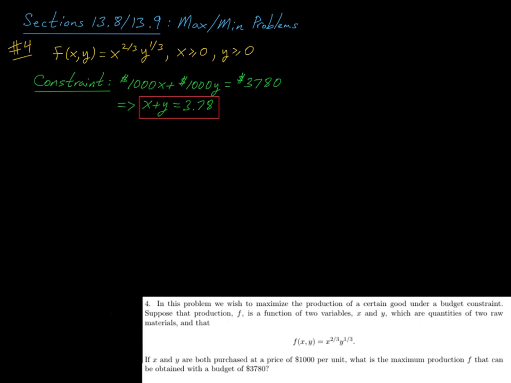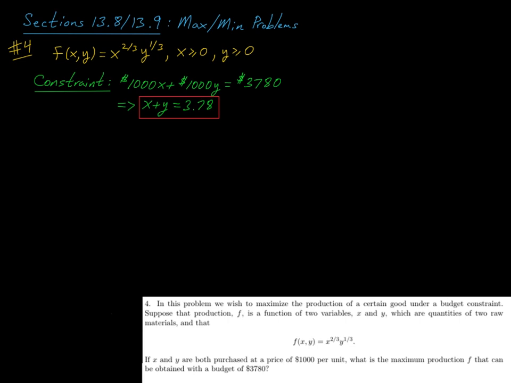And likewise, I'm going to spend $1,000 times y on raw material 2. And the sum of these two quantities is the total amount I'm going to spend. And if I want to use up the full budget, I want the sum of these two quantities to equal the full $3,780. And notice that this equation can be rewritten as x plus y equals 3.78.